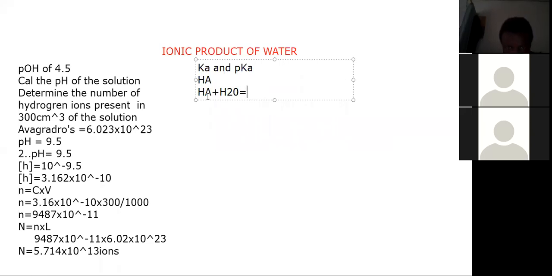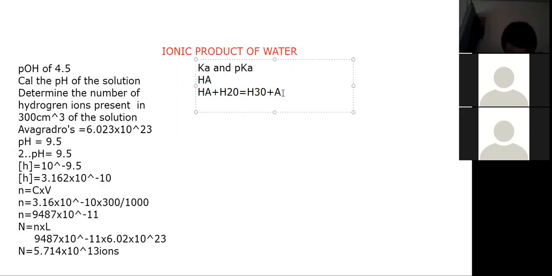So this is a hydrogen compound. So the hydrogen will come and add to this, giving us H3O plus. Plus the A will become A minus, with the power minus, and this one will be H3O, with the power plus. This is already this.